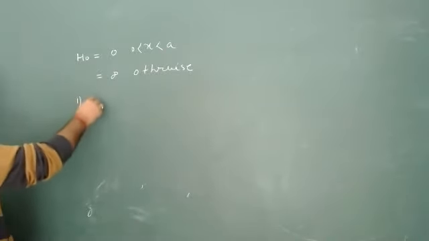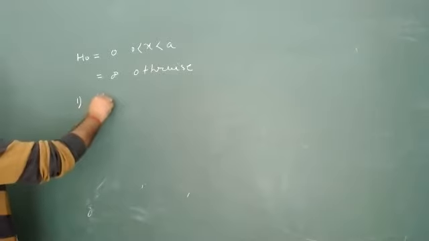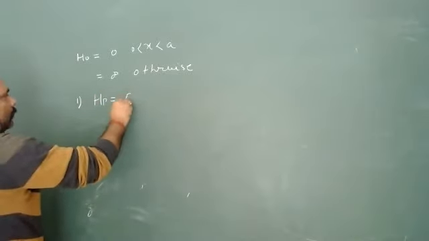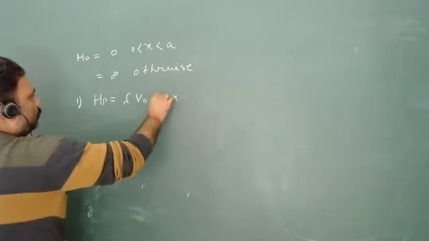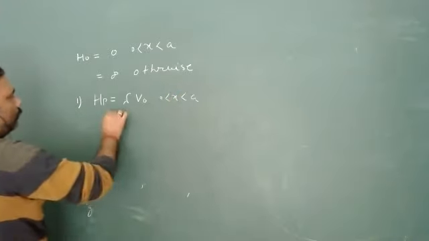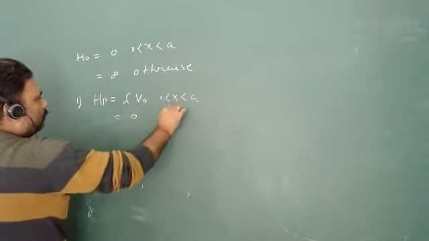So the first question is, it is perturbed with HP equal to lambda V naught, where x is between 0 to a and 0 otherwise.